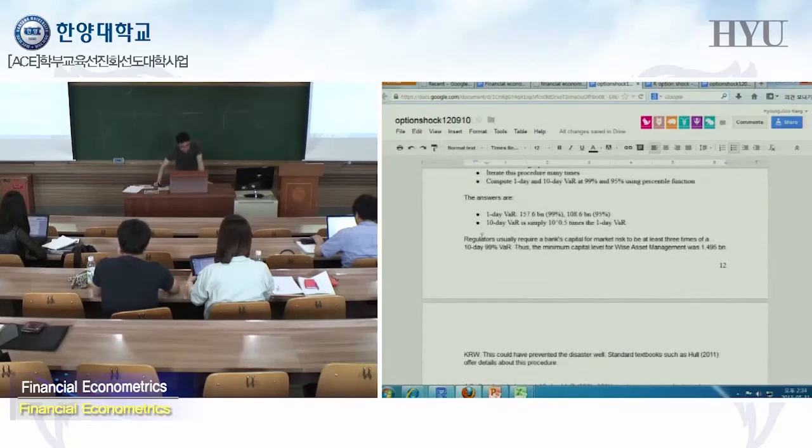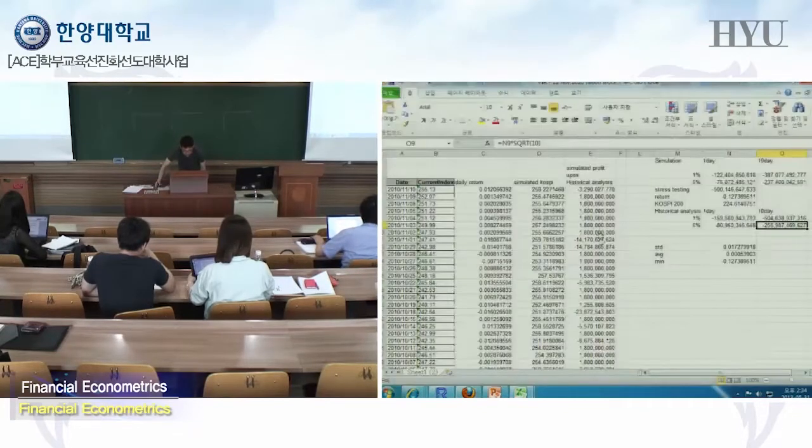Regulators usually require bank capital for market risk to be at least 3 times the 10-day 99% value at risk.